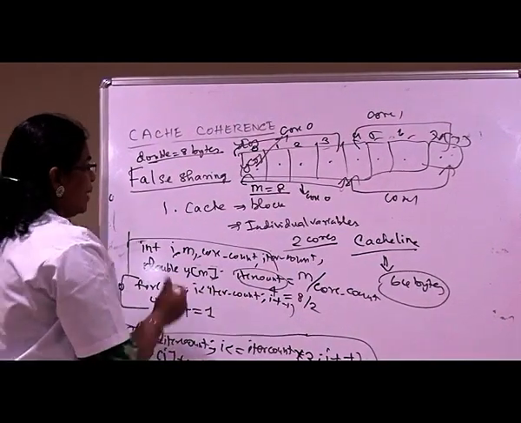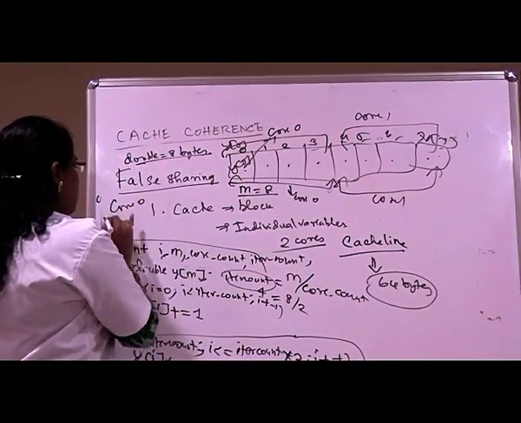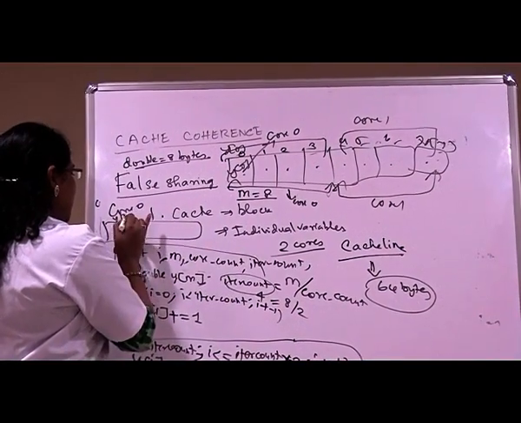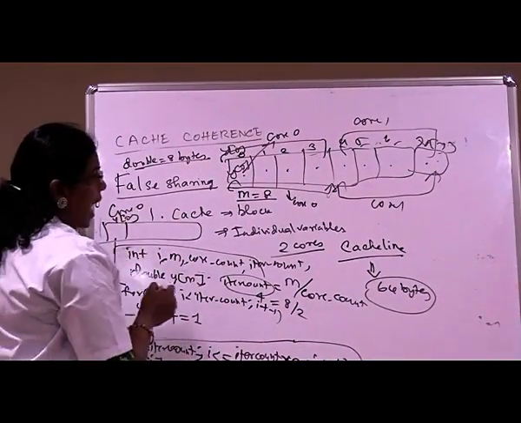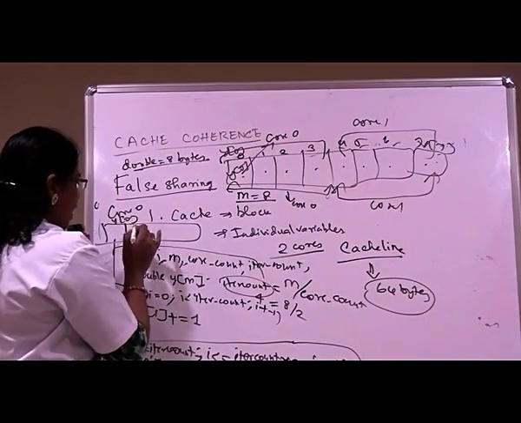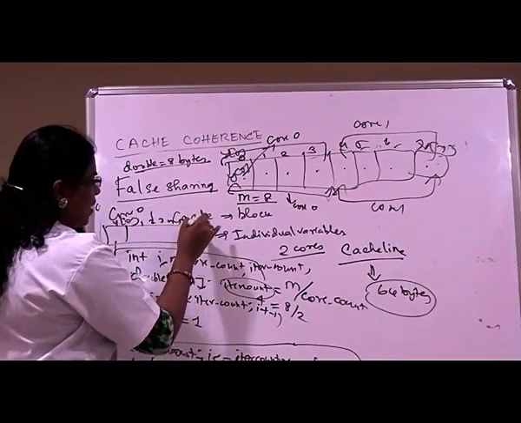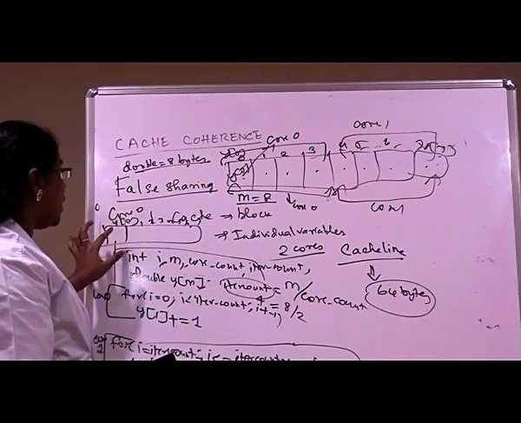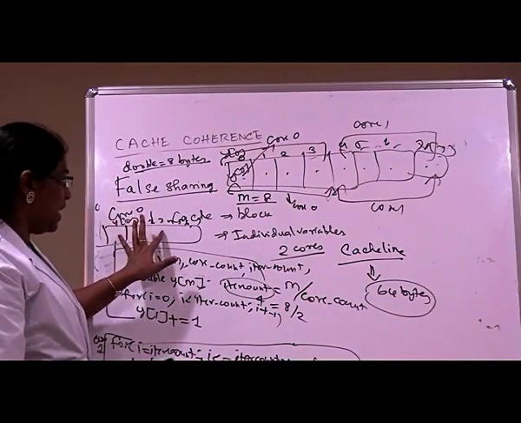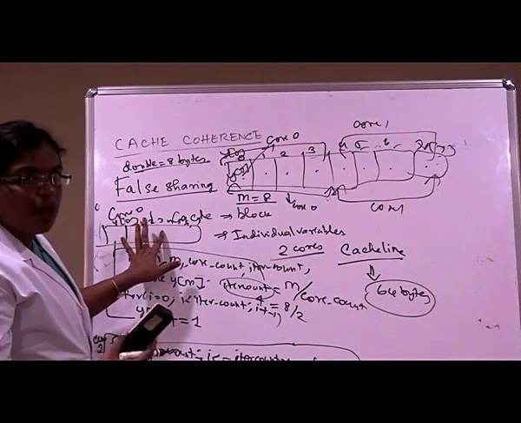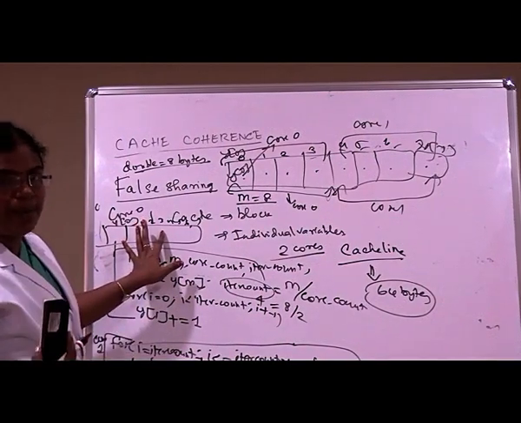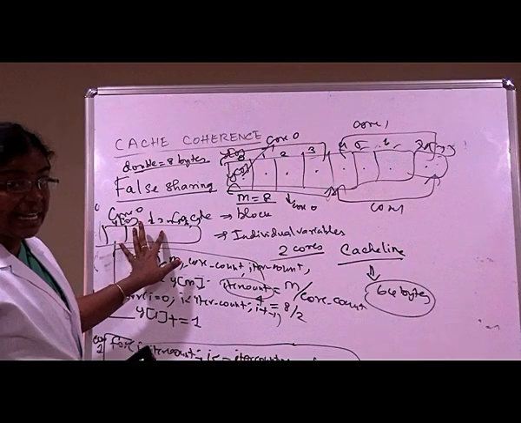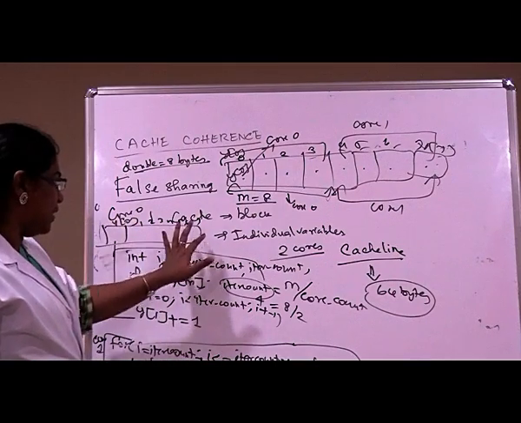In core 0's cache, I will be bringing the entire cache line. So y[0], y[1], 2, 3, 4, 5, 6, 7 will be brought to core 0, even though core 0 is going to operate only on y[0], 1, 2, 3, because the main memory transfer is always in the form of an entire cache line.